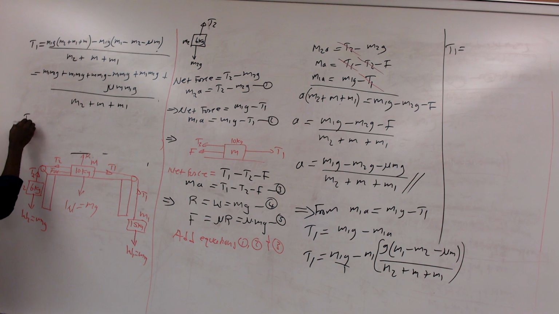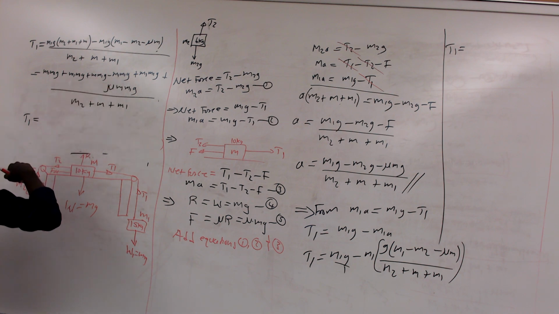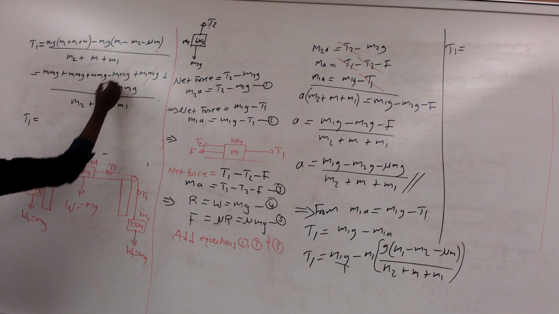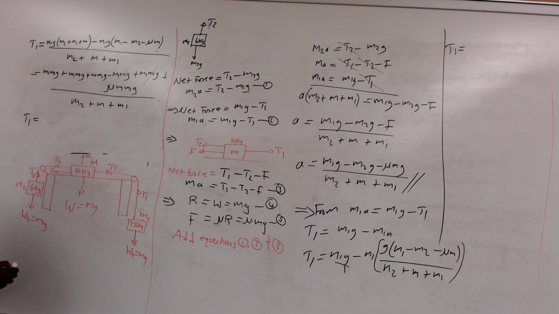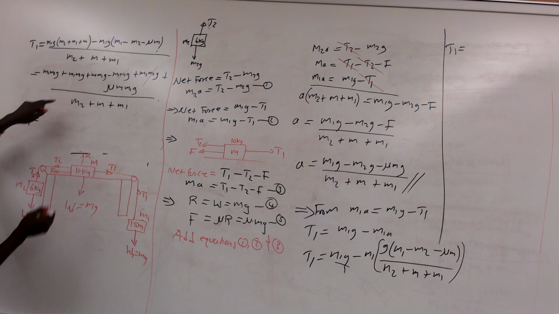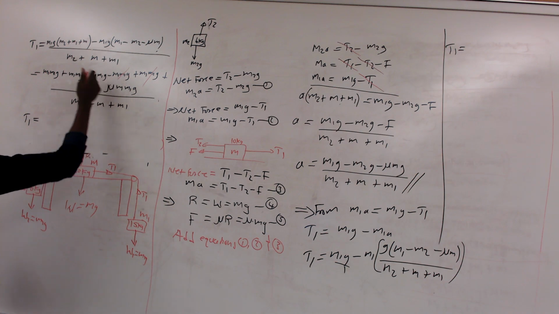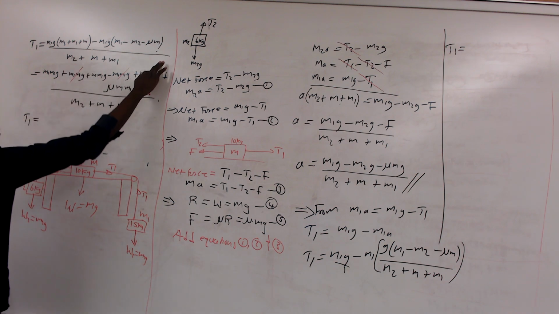So if we simplify, if we look at the terms, the M1 M1G terms will cancel. This is M2G, this is M2G.